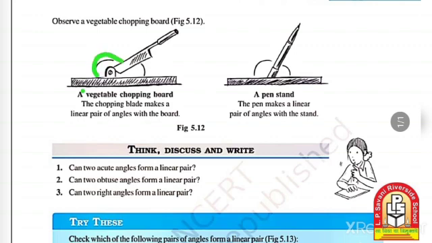The angles between these two have one common line, and the non-common lines make the linear pair. Here is a pen stand, and this is the base of that pen stand; they make a linear pair. These two angles are a linear pair because the non-common arms make one proper line and the common line is one.